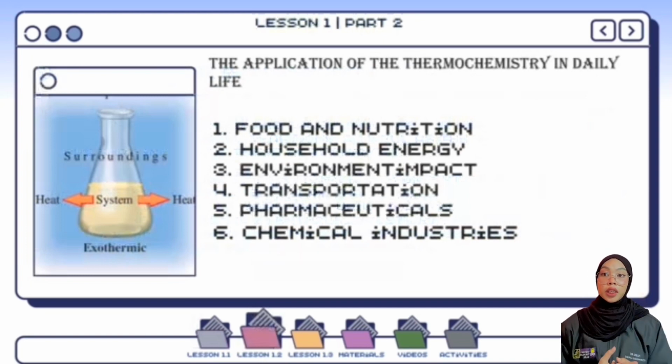Lastly, pharmaceuticals and medicines. Did you know thermochemistry is involved in drug development and formulation? Drug synthesis, like energy changes during chemical reactions, and also stability and shelf life, like thermochemical analysis for storage conditions, and drug delivery systems like controlled release mechanisms.